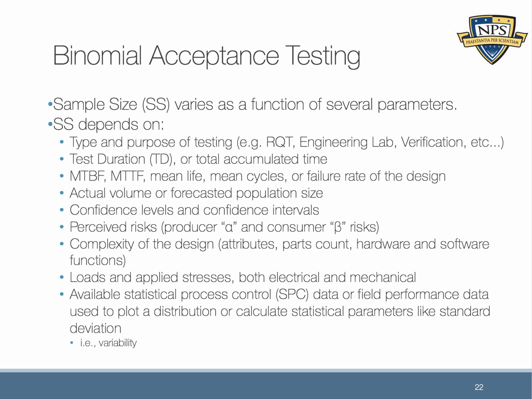That's the consumer's risk. I got these backwards. They're easy to always get backwards. So that's consumer's risk. The producer's risk is the opposite. So it's rejecting an item that actually has a good reliability.